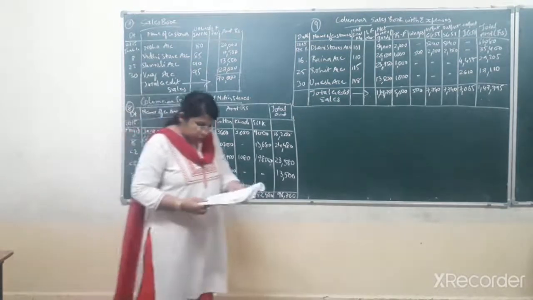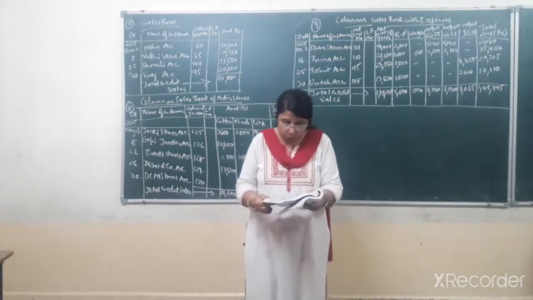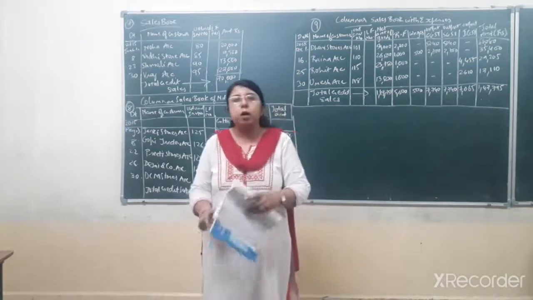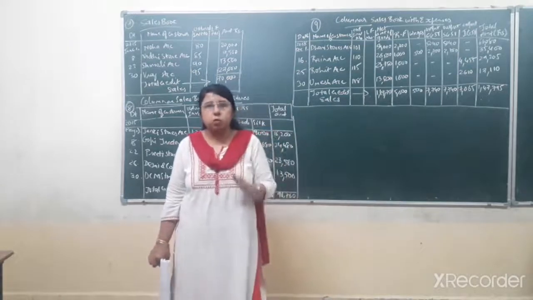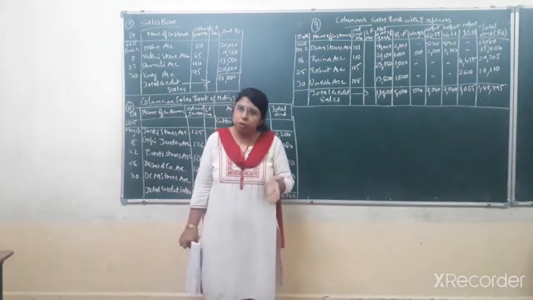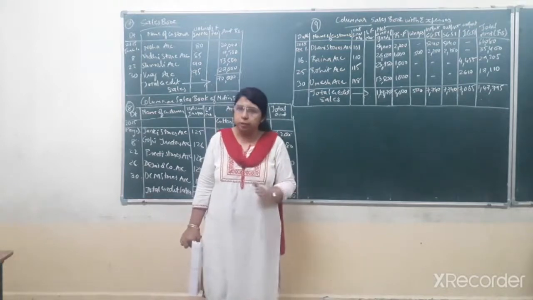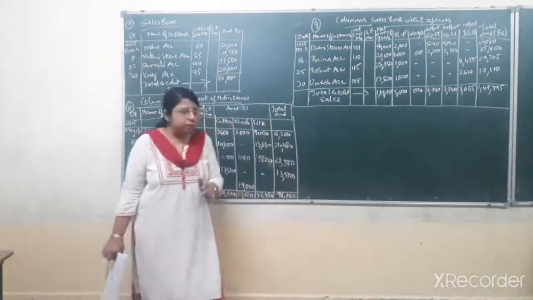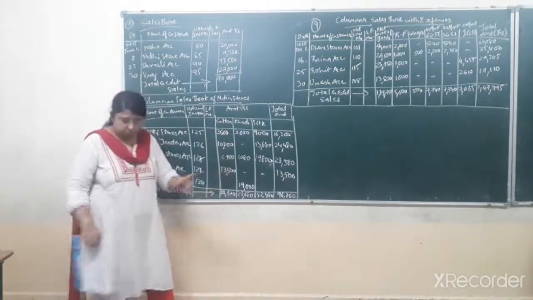Okay. Next one that is given to you is 60 meters cotton cloth at rupees 50 per meter. So 60 into 50 would come to 3,000. On 3,000, 10% trade discount would come to 300. So 3,000 minus 300, in the column of cotton I have written 2,700.